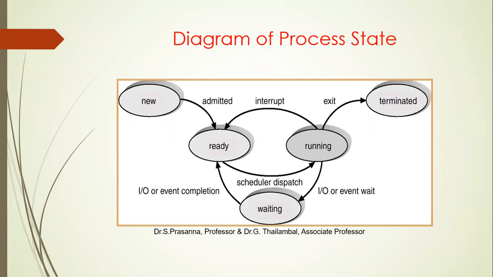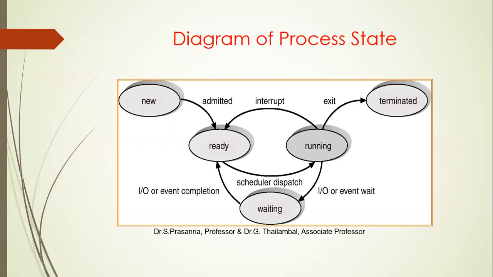Many scheduling algorithms help to choose a process in the ready queue to give to the CPU for processing. When the process is running, it may be stopped if any interrupt happens.